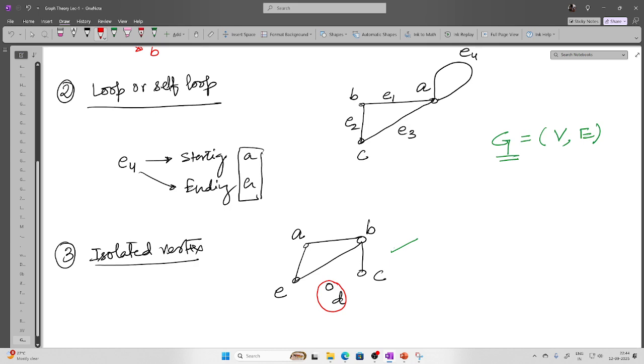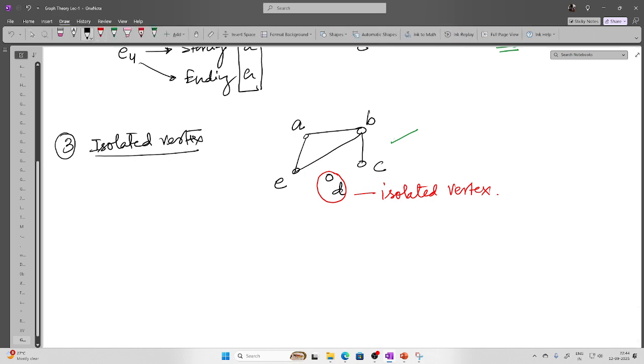And this particular vertex, which is not joined to any other vertex via an edge, is called an isolated vertex. Okay.